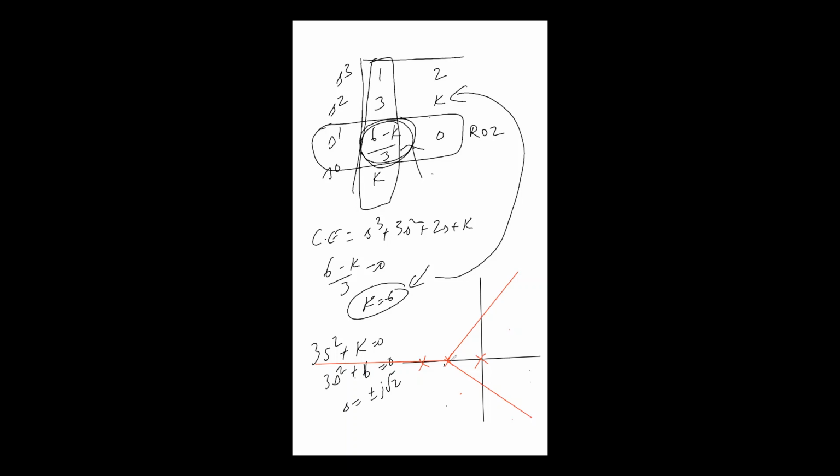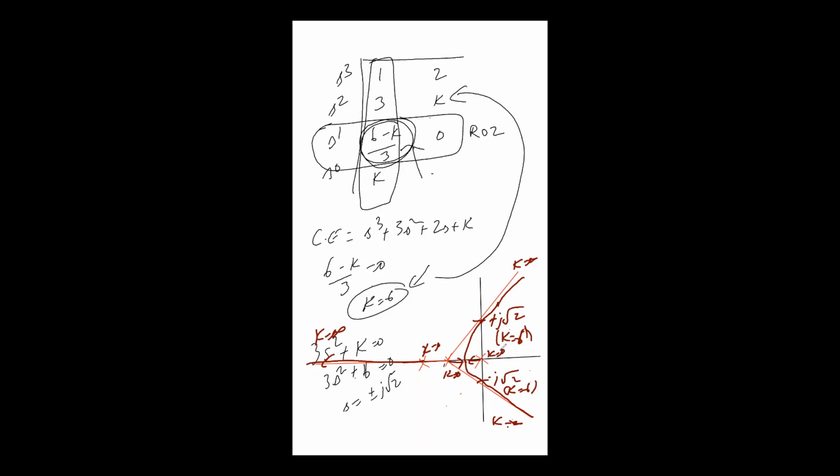One branch which is originating from here, another which is originating from here, they will intersect and go like this, leaving the real axis and going like this. The value of s here is plus j root 2. The value of this is minus j root 2. And the value of k here is 6. Another branch, the root locus branch, is coming here and going to infinity here. The value of k here is 0.